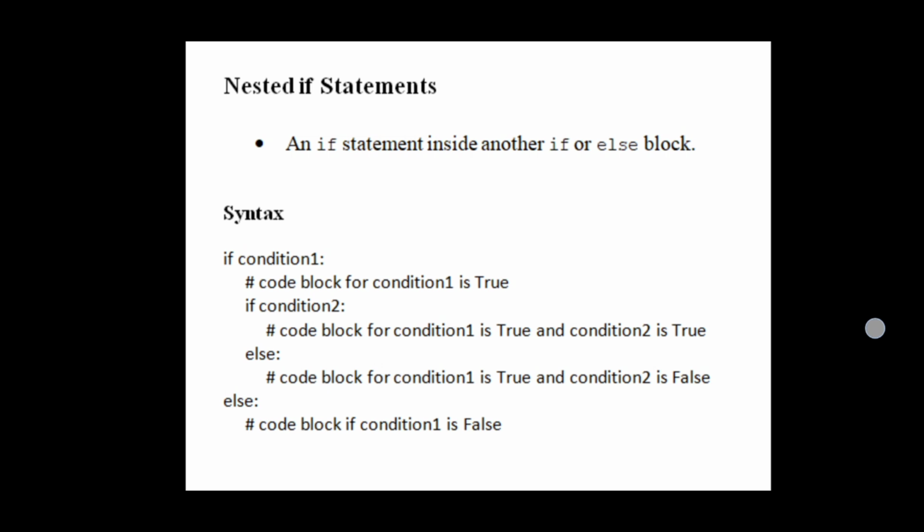The first code block runs when condition 1 is true and condition 2 is also true, else the code block for condition 1 true and condition 2 false. The outer else runs the code block if condition 1 is false. For the inner if else, indentation is mandatory.